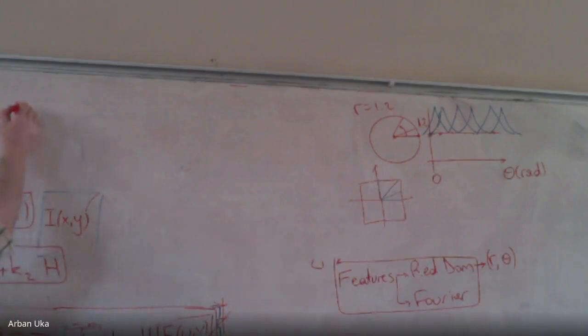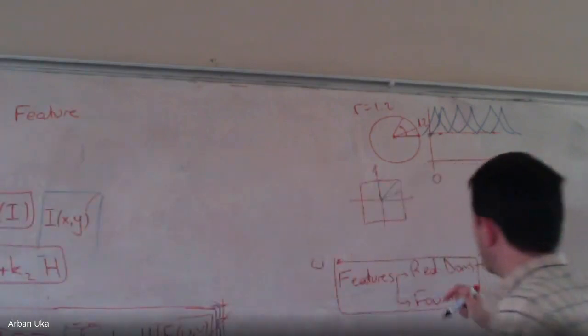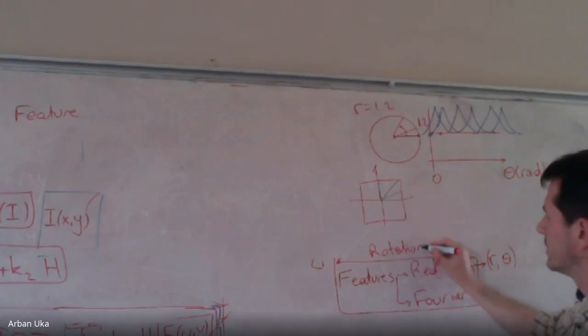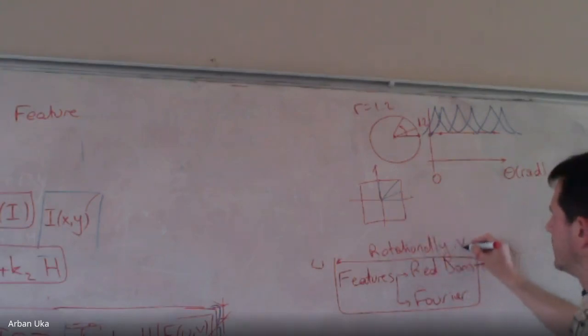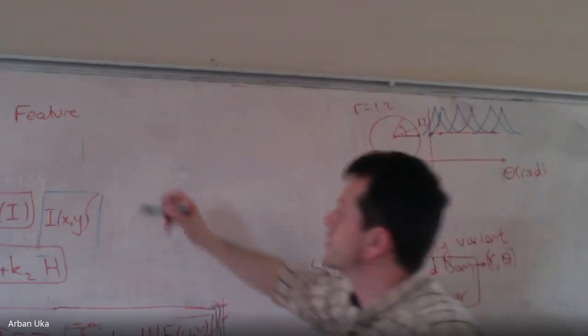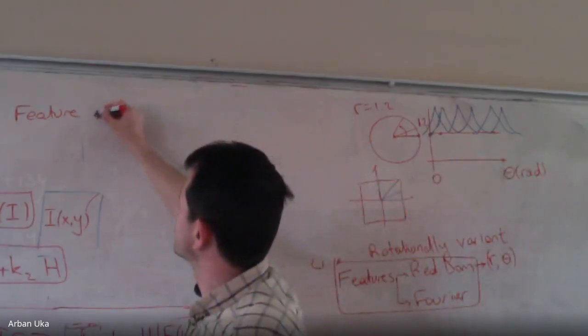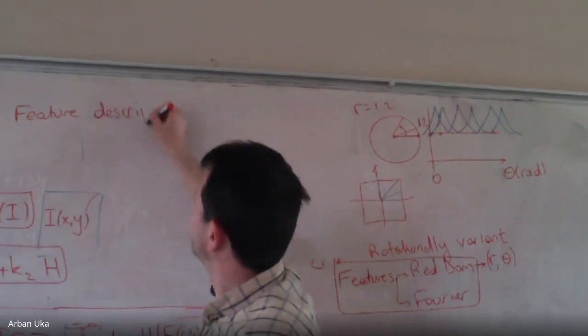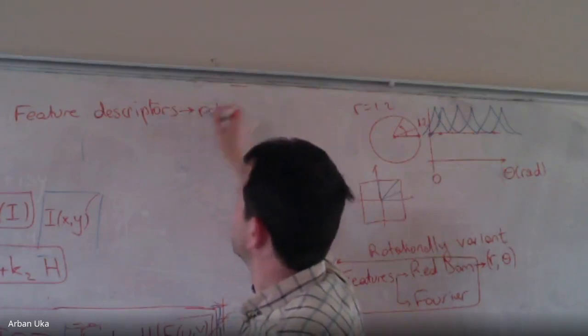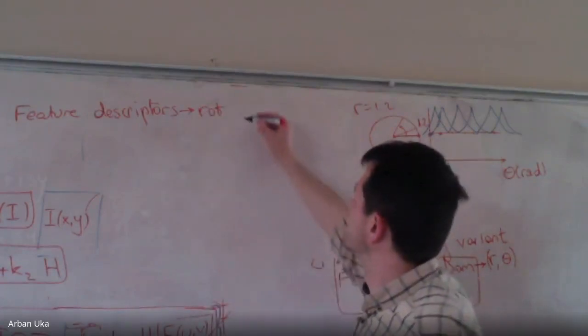Now we have feature vectors, let's say one category which are rotationally variant. But we also have some other feature vectors or feature descriptors which are rotationally invariant.